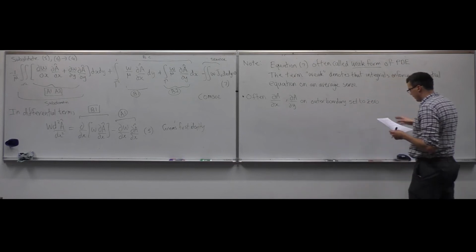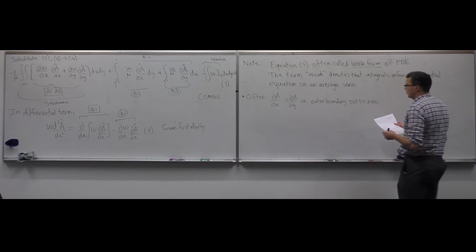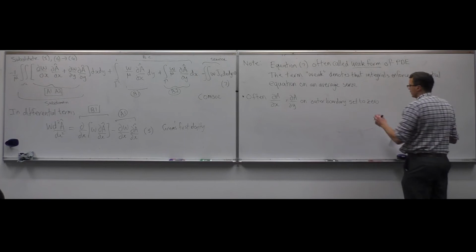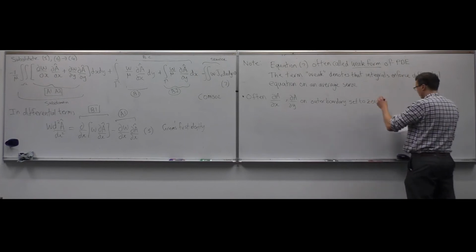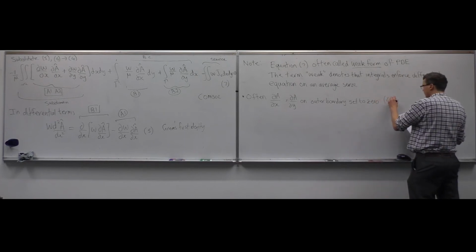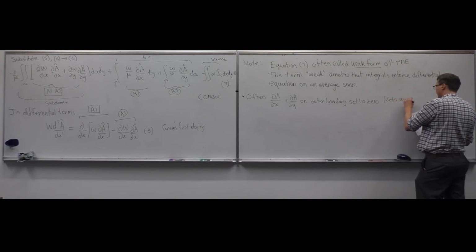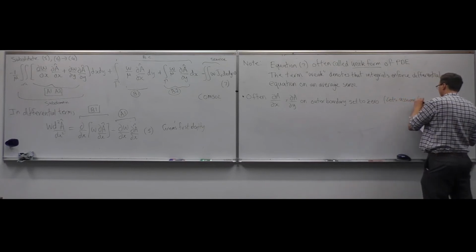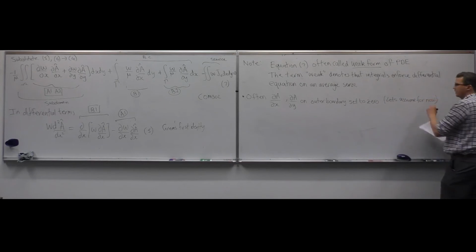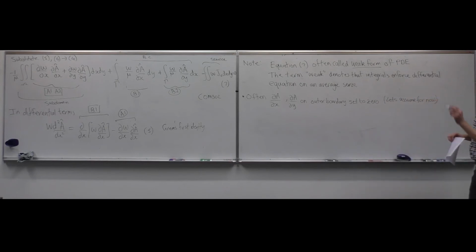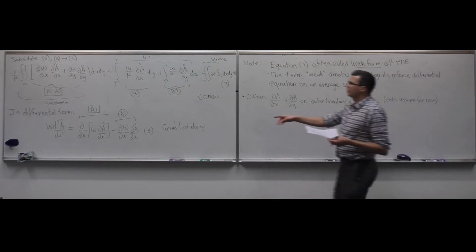We'll leave it at that for now. We're going to assume that's the case, and we'll talk about this more. Otherwise it's going to be more complicated, so let's just make the boundary conditions, these two, 0.